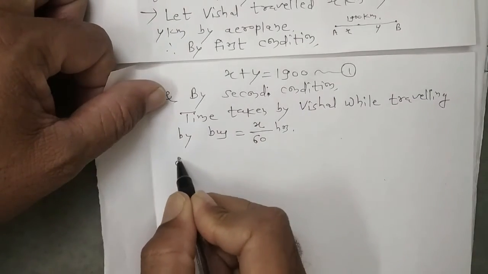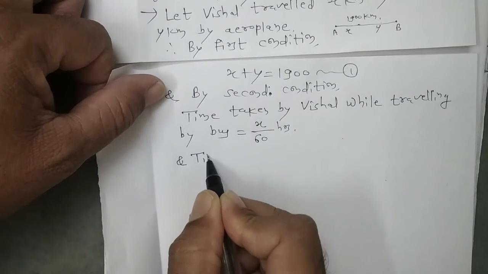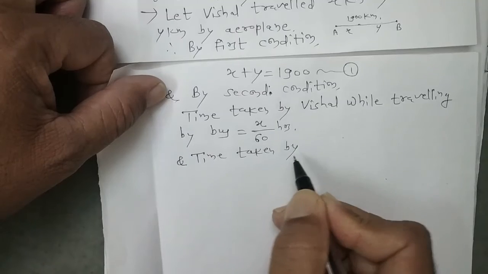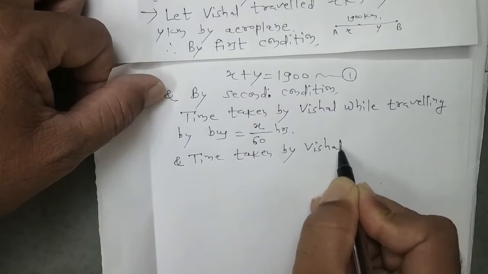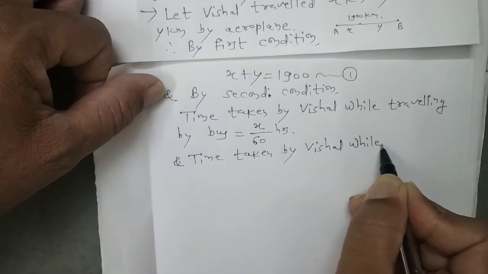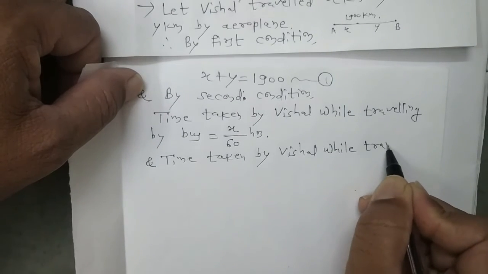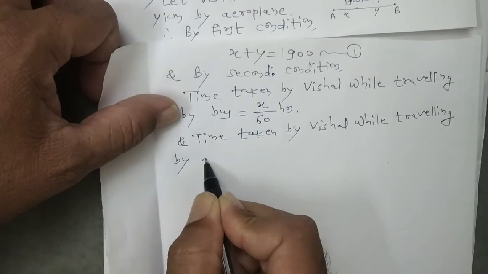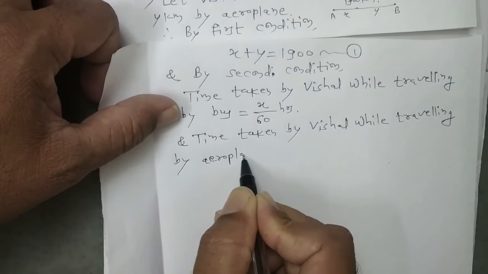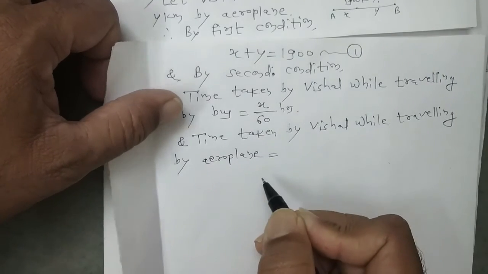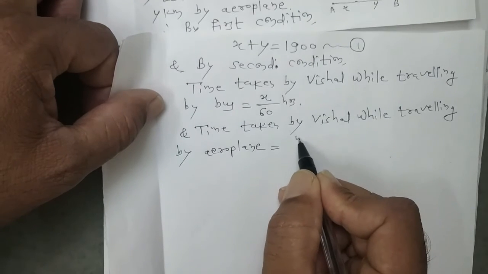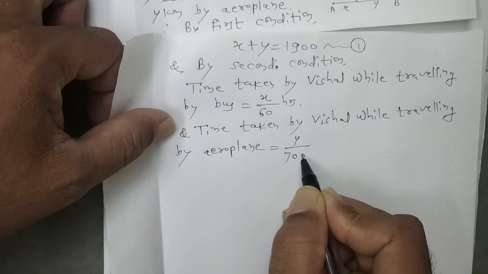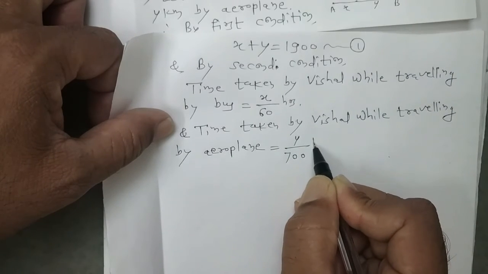And the time taken while traveling by aeroplane is y divided by the average speed of the aeroplane, 700 km per hour.